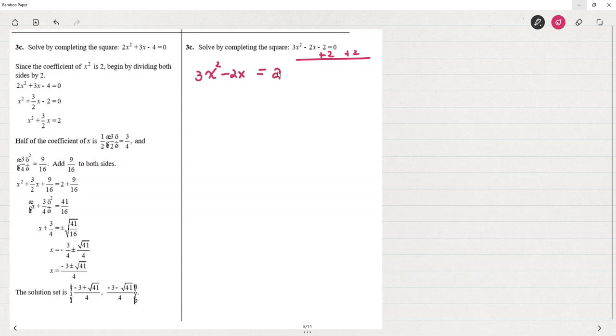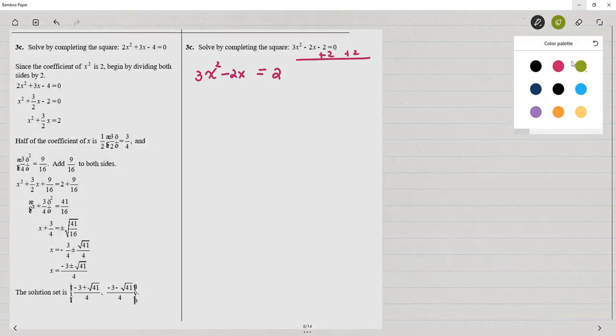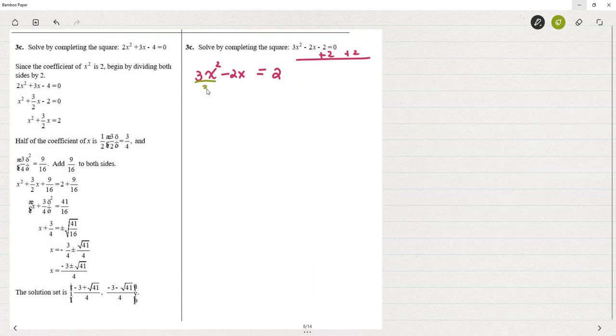But in addition to what I've done here, I've got to isolate. Now I've got to get rid of that 3 because I want that x squared to be 1x squared. So this is the first one we've had like this. What I'm going to have to do is divide everything by 3. It's okay if it doesn't look pretty.